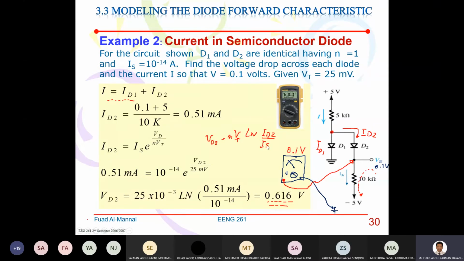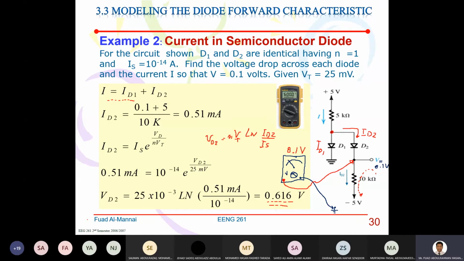Do I have Is? Yes, I do, and I have ID2, VT and n. Substituting, I find that VD2 is equal to 0.616 volt. So the voltage drop across this is 0.616 volt. Any questions?